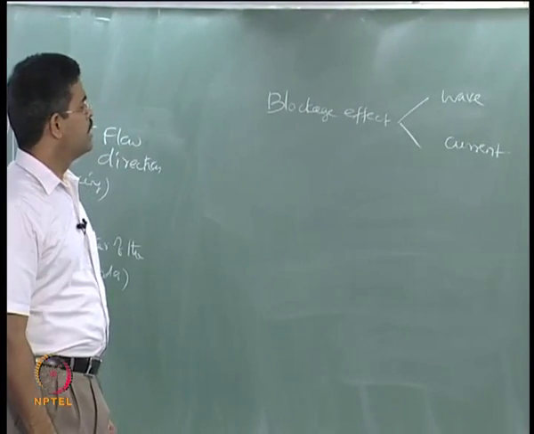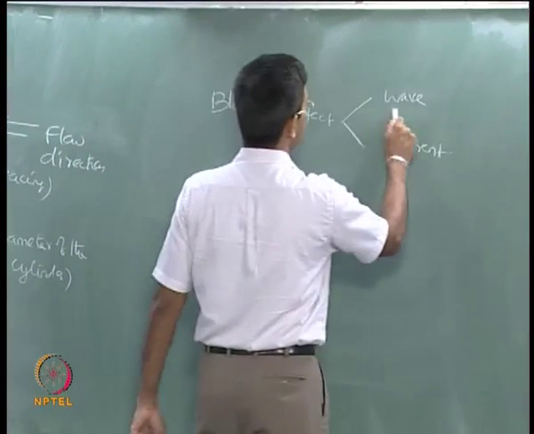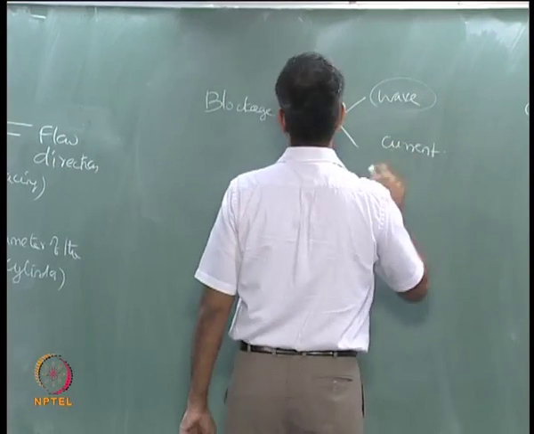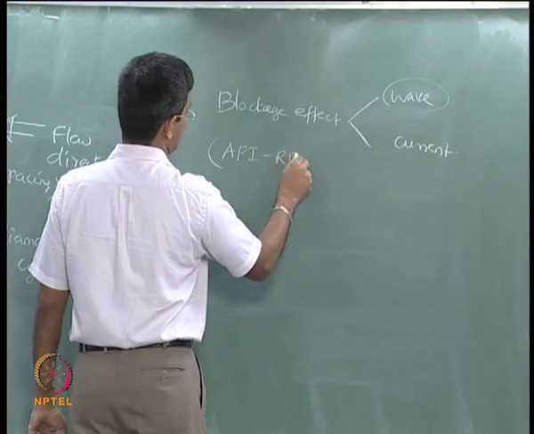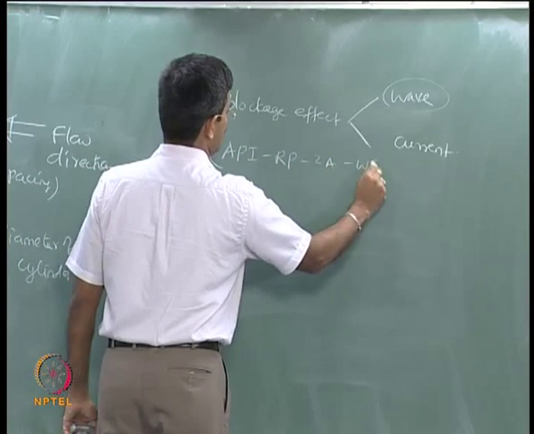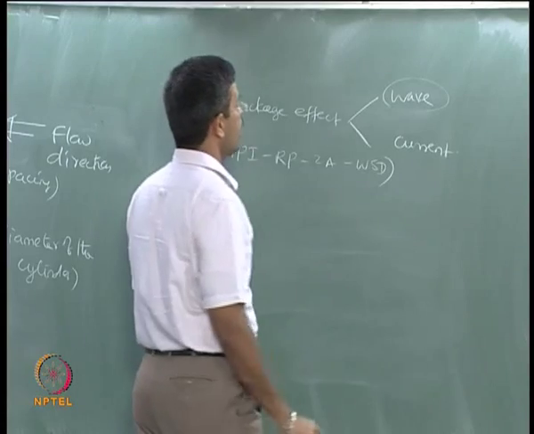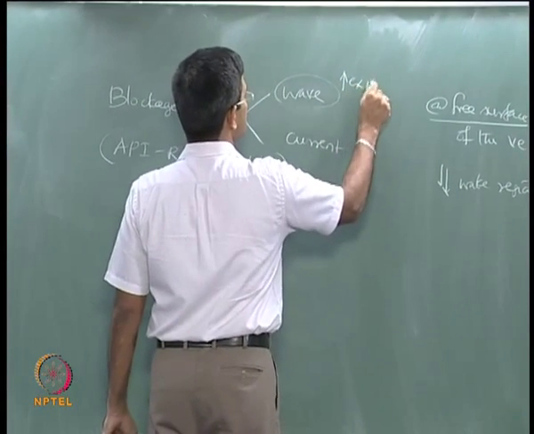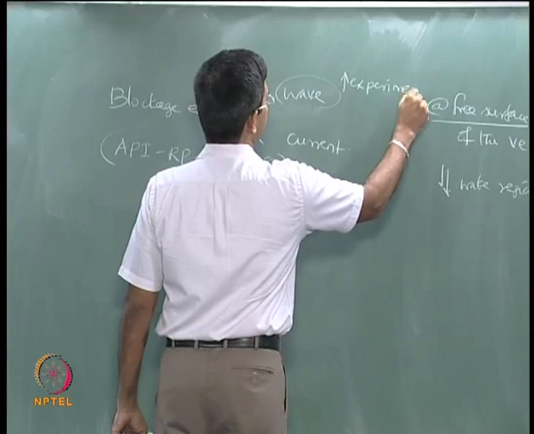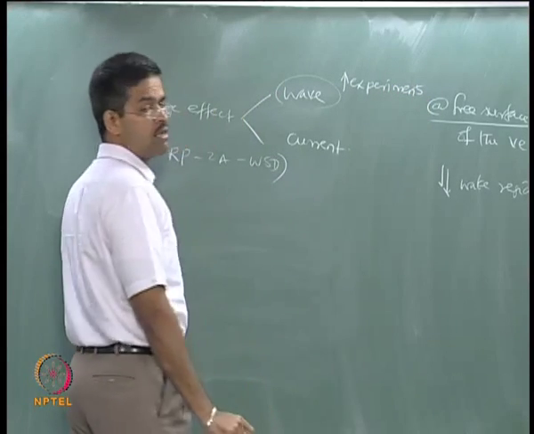In case of waves there is not enough evidence. This is API recommended practice 2A WSD. In case of waves there are very few experiments which verify this fact, but analytically it is not verified.